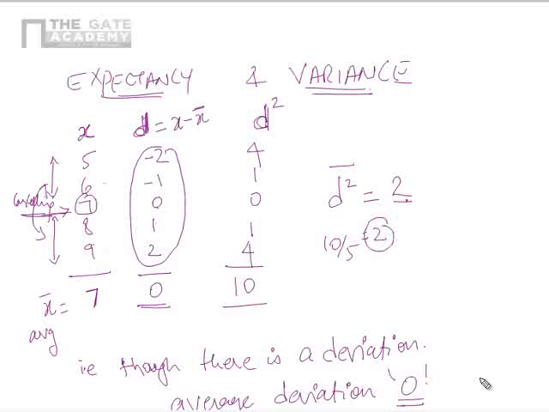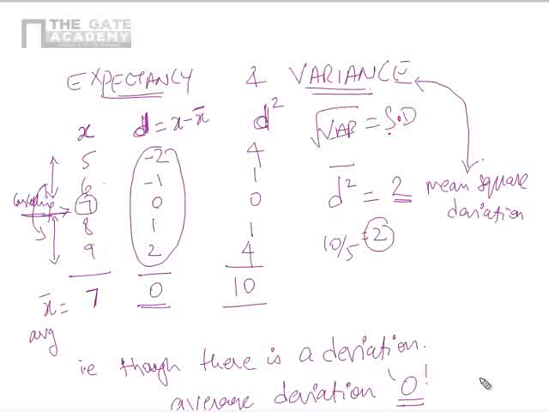So this is called the mean square deviation. This mean square deviation is nothing but variance. This mean square deviation is also called variance, and the root of variance is called standard deviation.